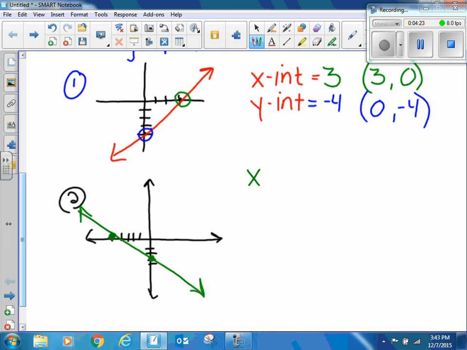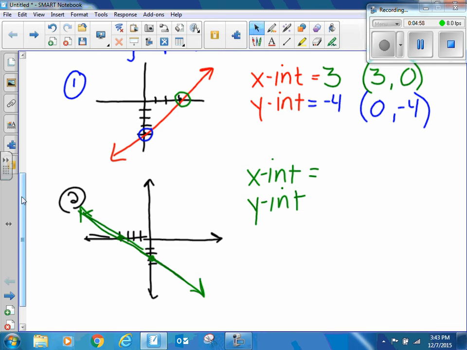So my x-intercept and my y-intercept. I'm going to change this. That's not much better, but you get the point.